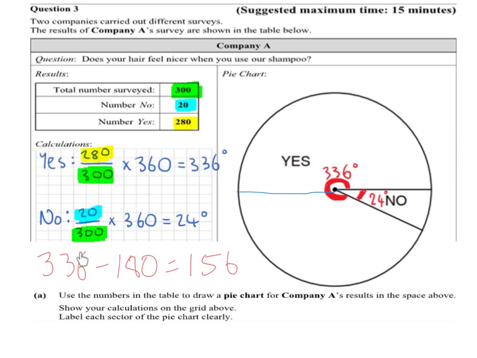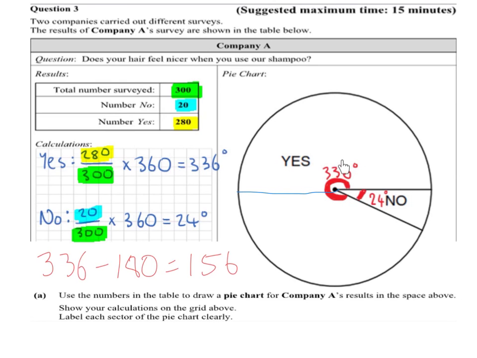And 336 minus 180 leaves us with 156. So in order to get the 336 degrees, we'd have to add on another angle of 156 degrees. This semicircle at the top represents 180 degrees, and then this other angle represents 156 degrees, and put together they represent 336 degrees.